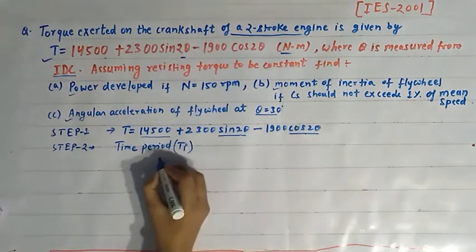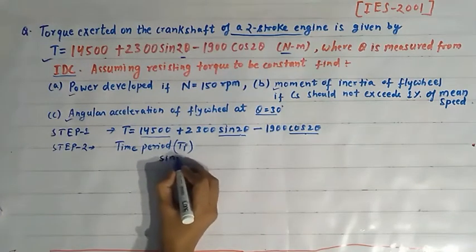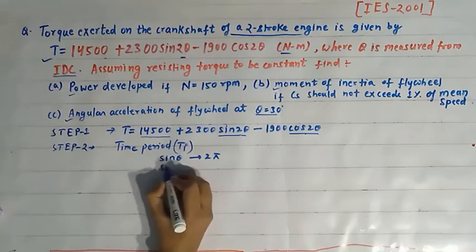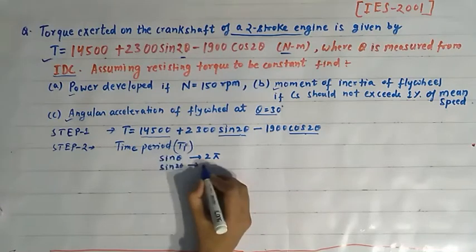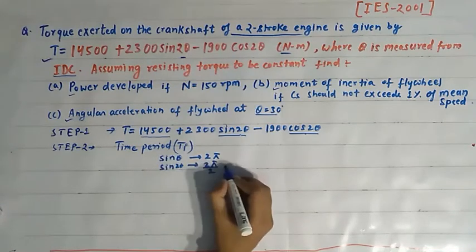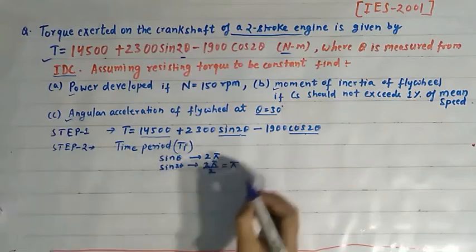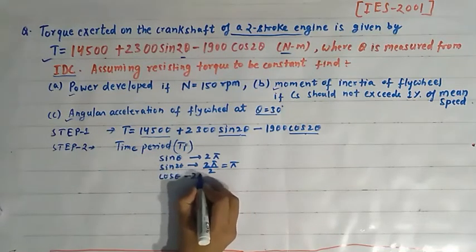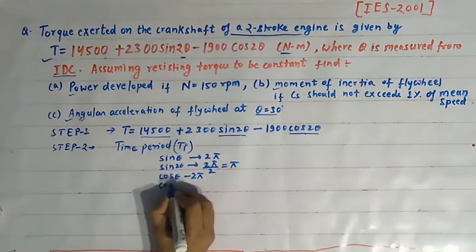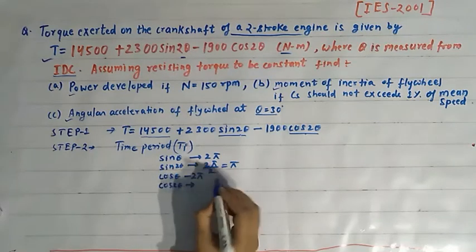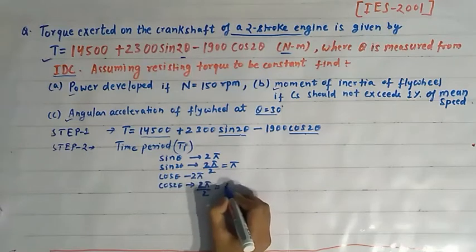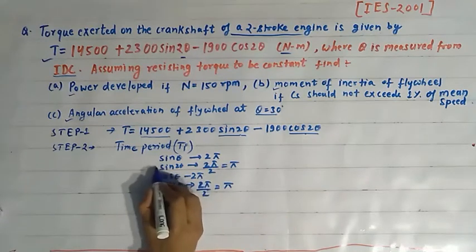We know that the time period of sin theta is 2 pi. So the time period of sin 2 theta will be 2 pi divided by 2, which is pi. The time period of cos theta is 2 pi, and the time period of cos 2 theta will also be 2 pi divided by 2, which is pi.